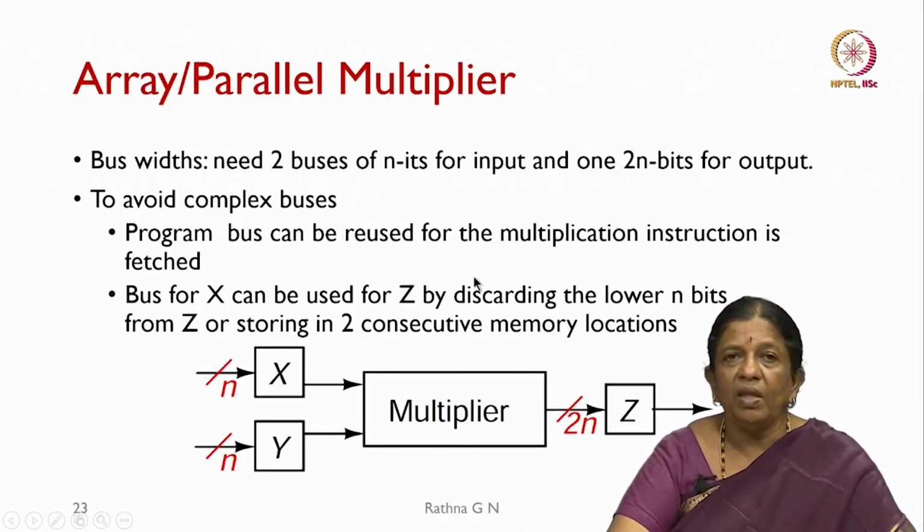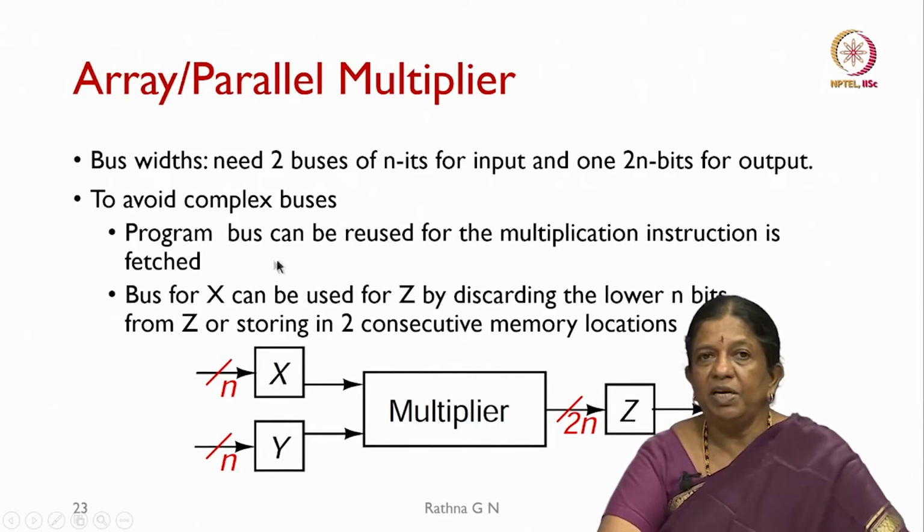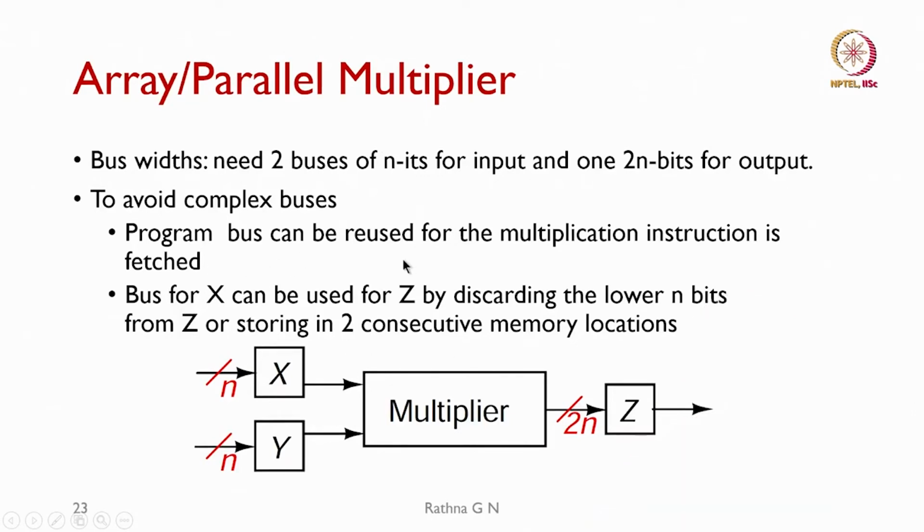Coming to the array multiplier or parallel multiplier, what is the bus width required? We need 2 buses of n bits to give the inputs parallelly to our multiplier. We know that for x into y, the maximum length of the product is n plus n.